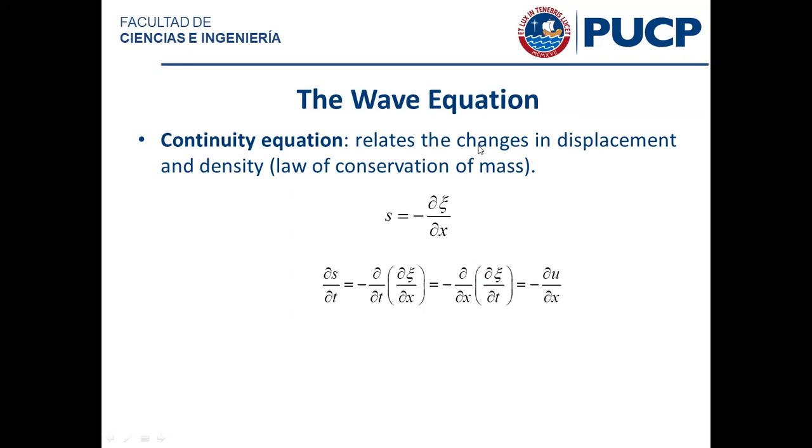The derivatives with respect to time and space are interchangeable because these are continuous functions of time and space. So you can swap the order of the derivatives, and you have the derivative with respect to time of the particle displacement, which we call the particle velocity. That variable u is a particle velocity, and it's a very important variable to us.